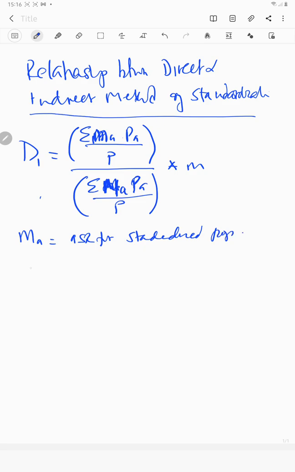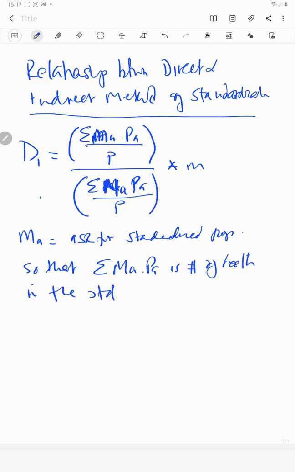And so we can say that summation of MA capital PA is actually the number of deaths in the standardized population. Therefore we can rewrite D1 as follows.